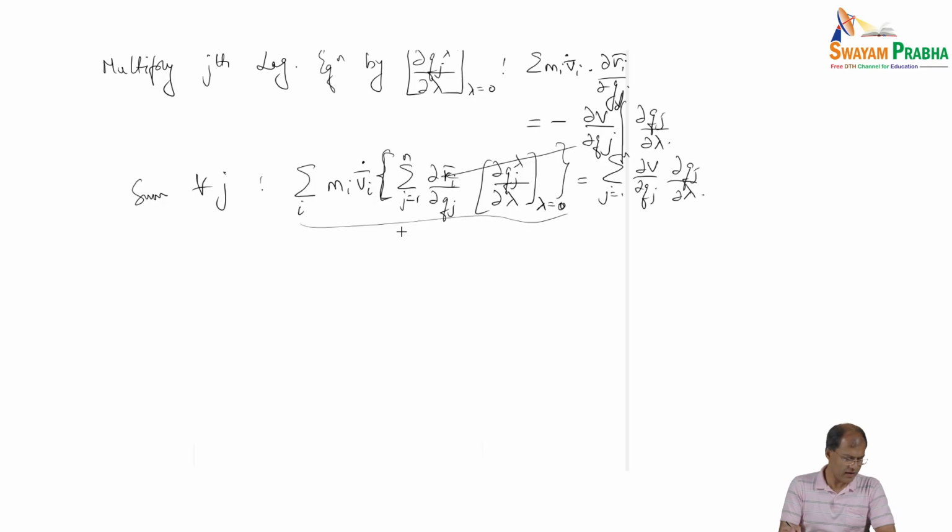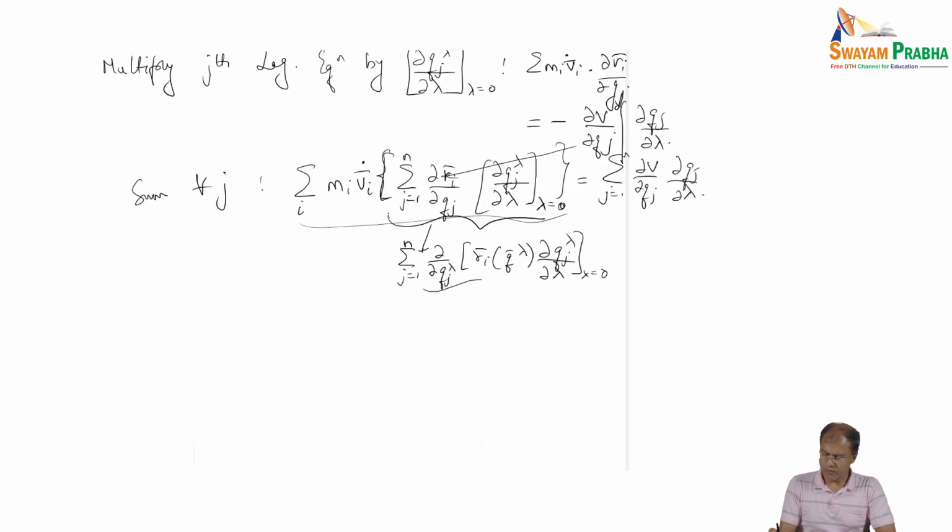We can quickly simplify the quantity inside the curly bracket: it is summation over j from 1 to n of partial Ri of Q lambda by partial Qj times partial Qj by partial lambda, at lambda equal to 0, which is nothing but d lambda of Ri of Q lambda.